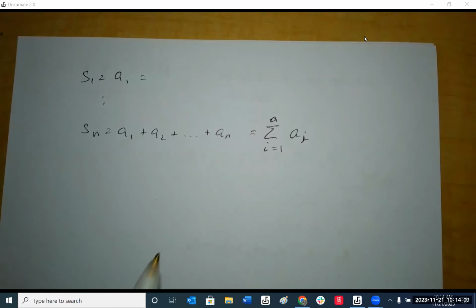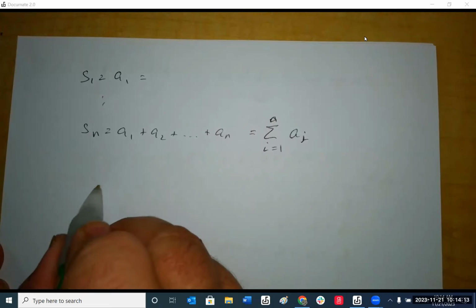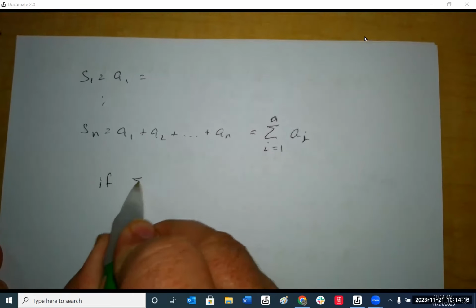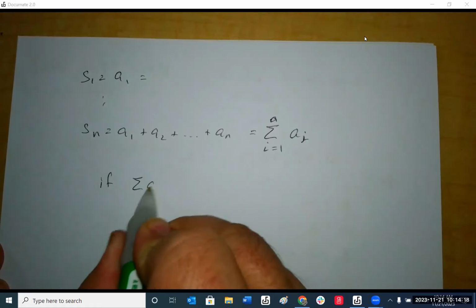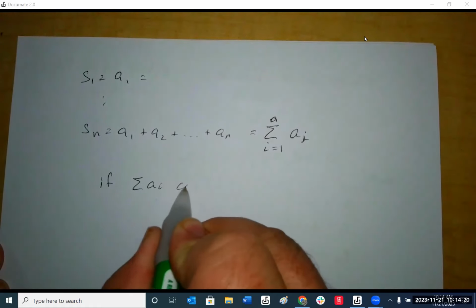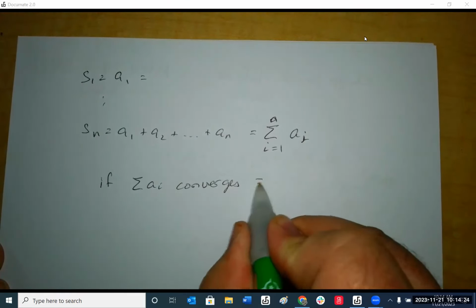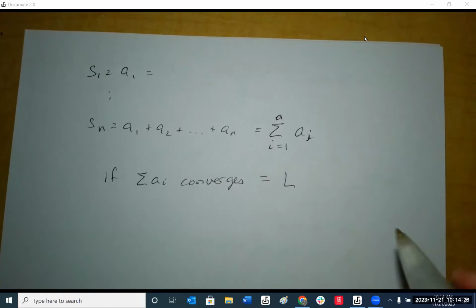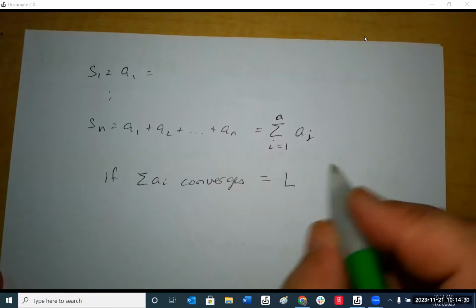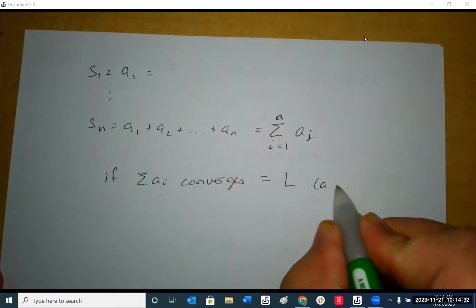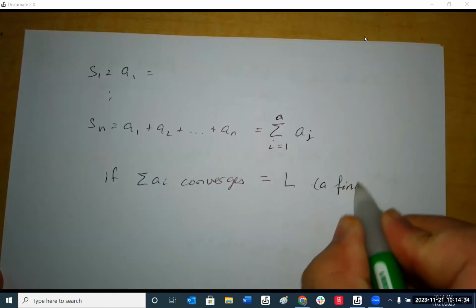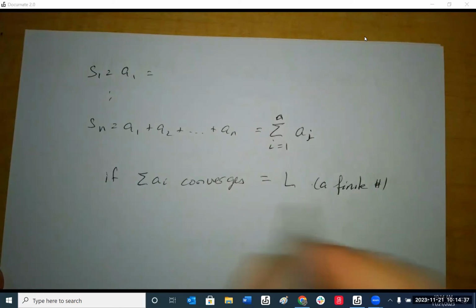Now, if the series converges, it equals some number, some limit, a finite number.